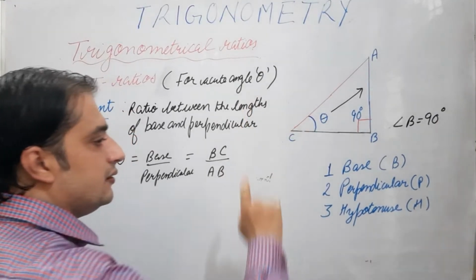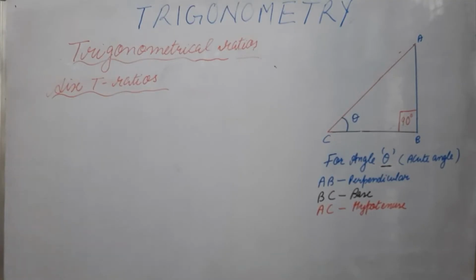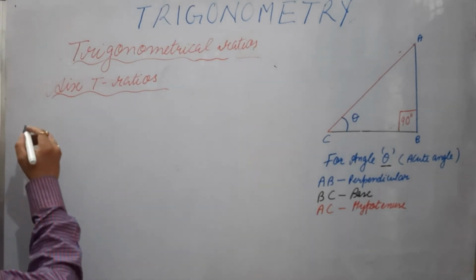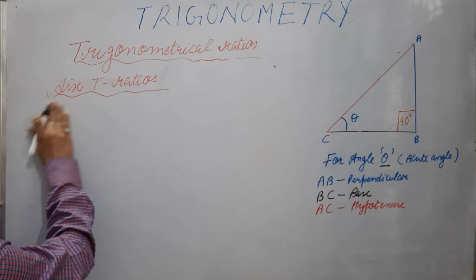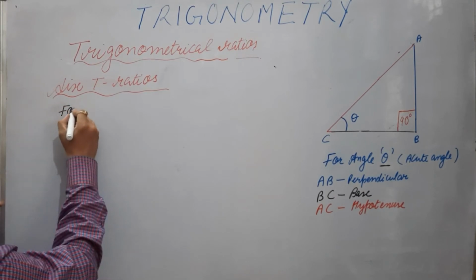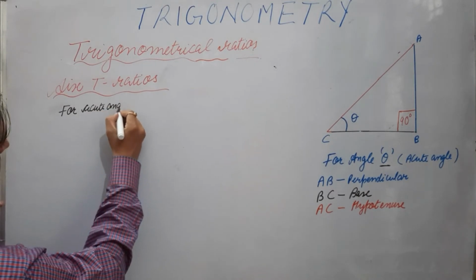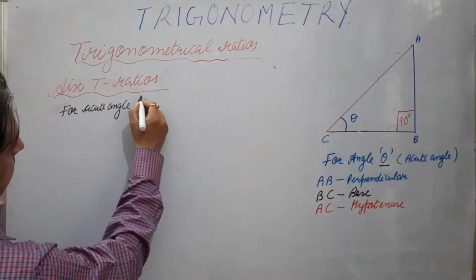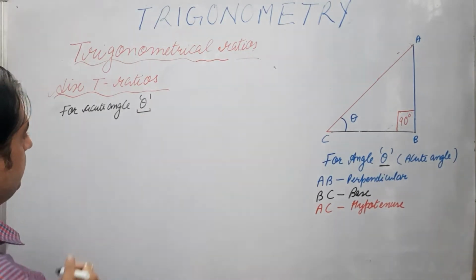This is the acute angle, the angle of reference. In short, the 6 T ratios for the acute angle theta, which is also known as the angle of reference.